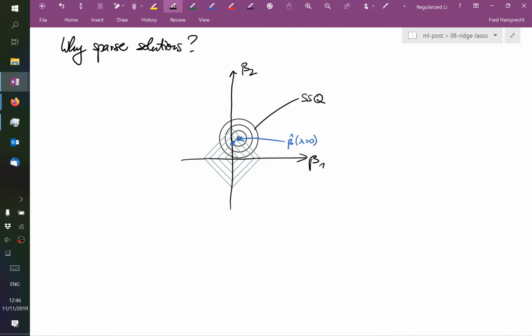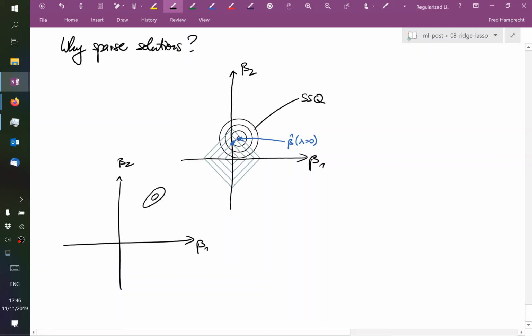Another version of the same picture essentially is as follows. We can say that we have some sum of squares estimate, which depends on beta. And for all of these objective functions, there are always two equivalent formulations. I could give a constraint formulation also for ridge.